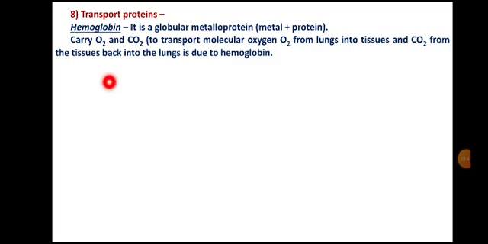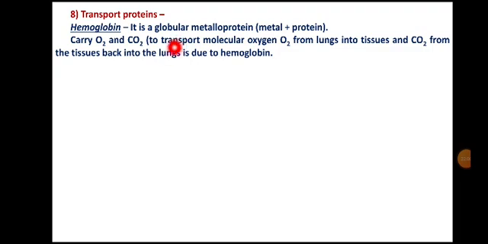Another example is hemoglobin. So hemoglobin is a globular metalloprotein. Why it is called as a metalloprotein? Because this is a protein which is a type of conjugate protein which is conjugated with metal. So metal plus protein called as metalloprotein.